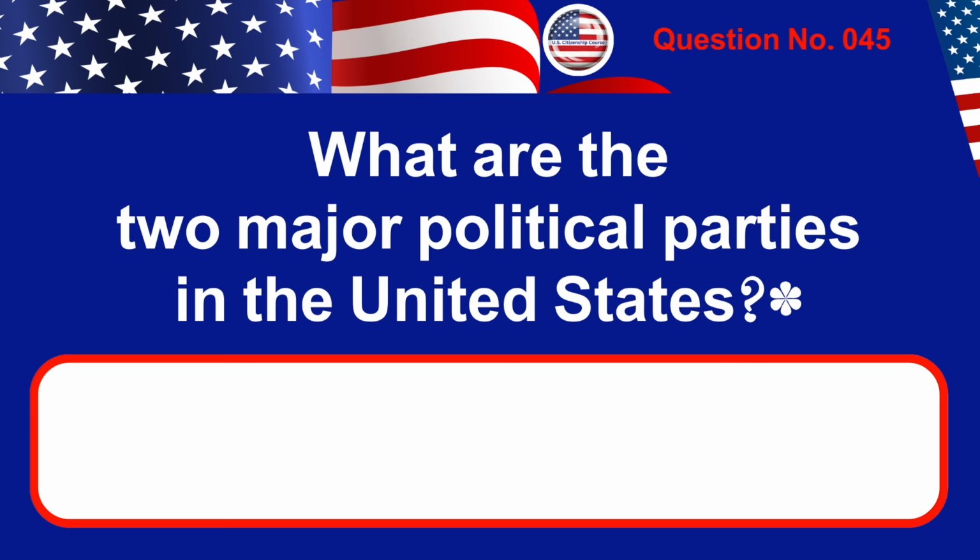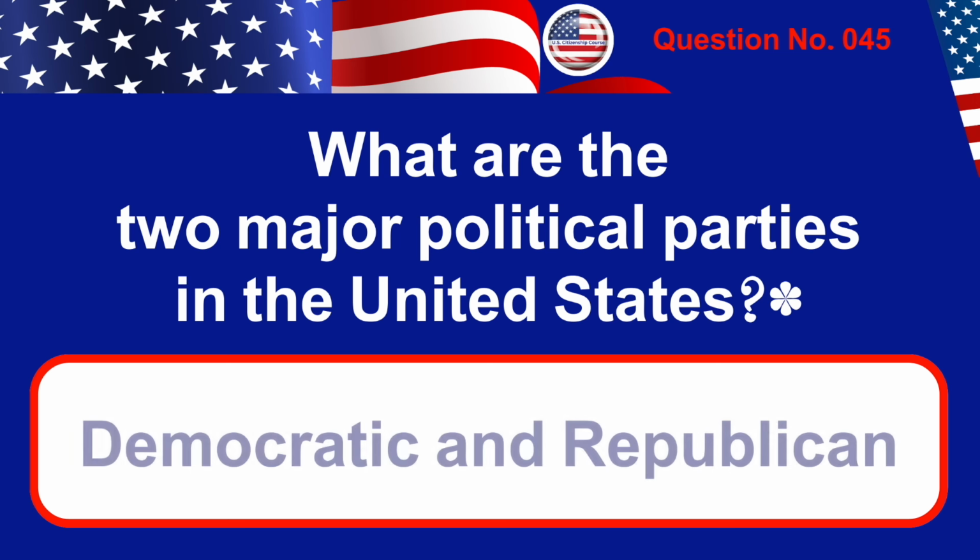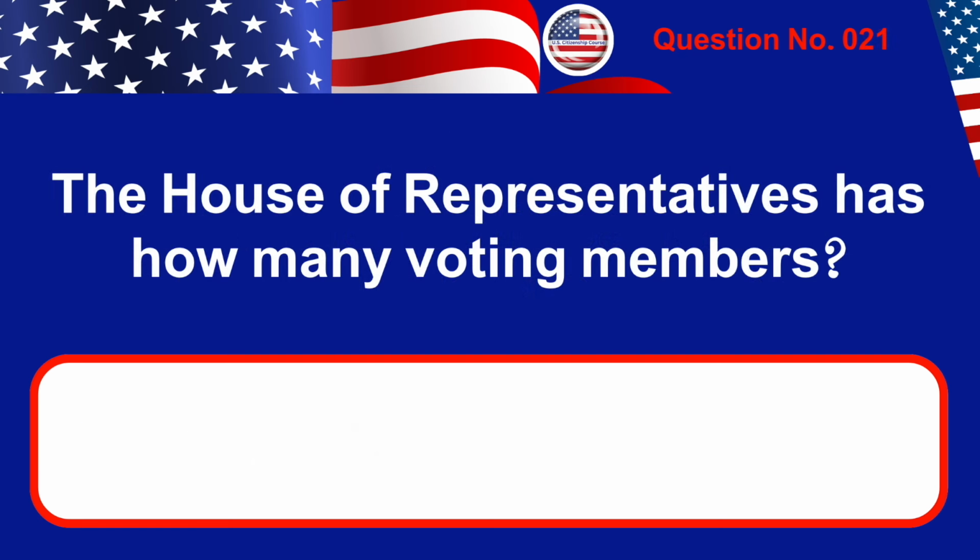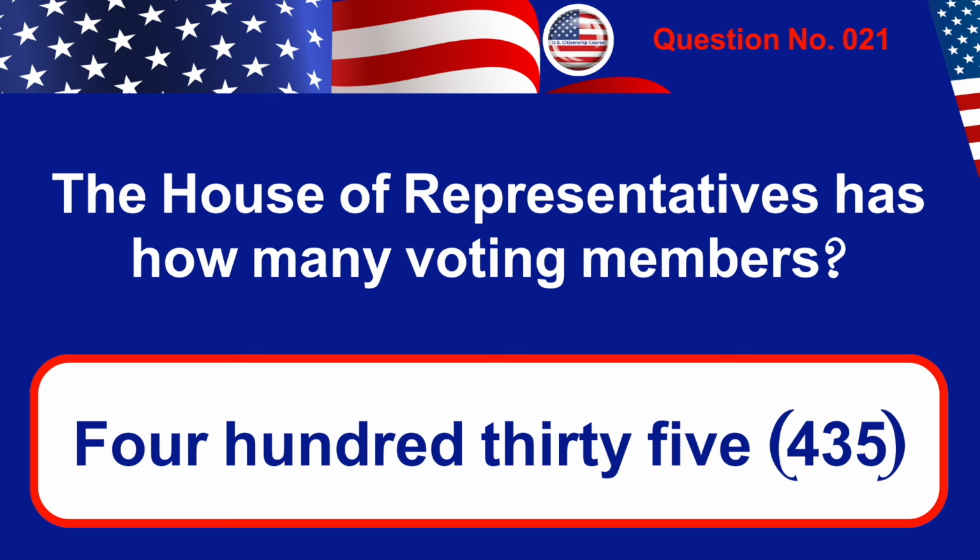What are the 2 major political parties in the United States? Democratic and Republican. The House of Representatives has how many voting members? 435.